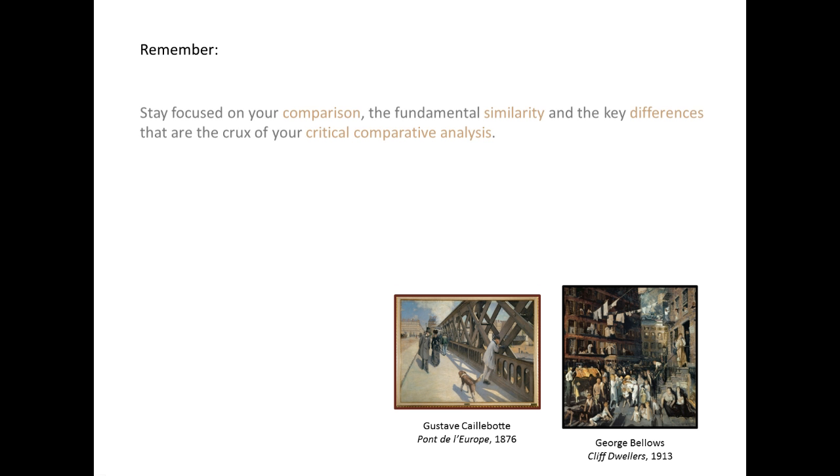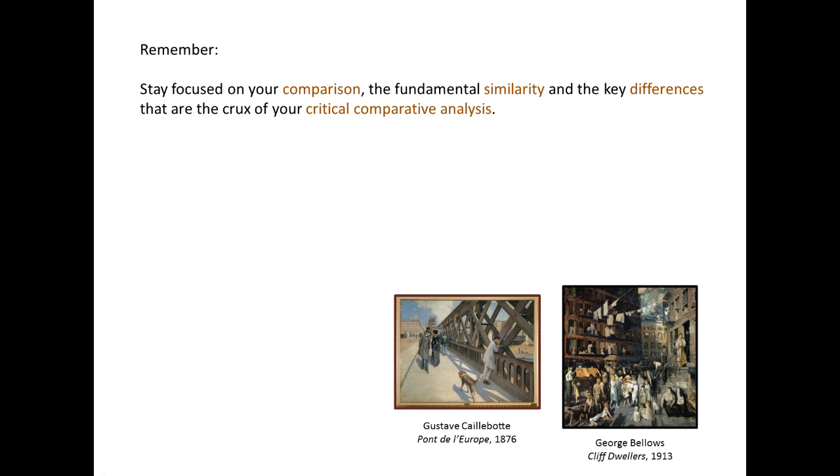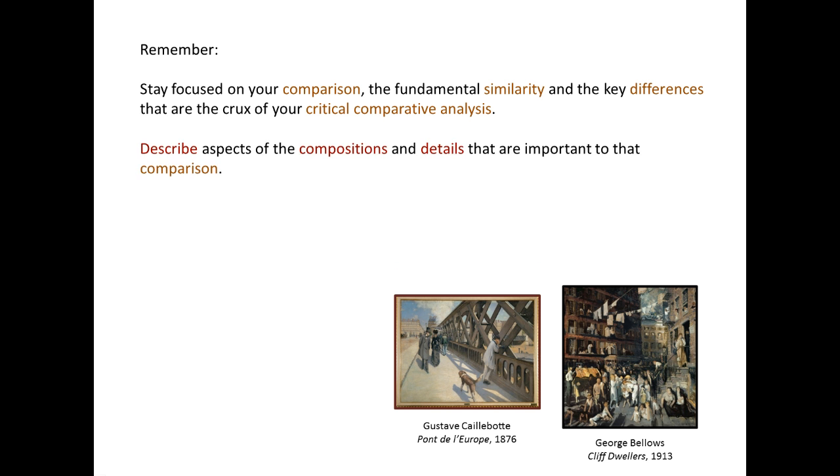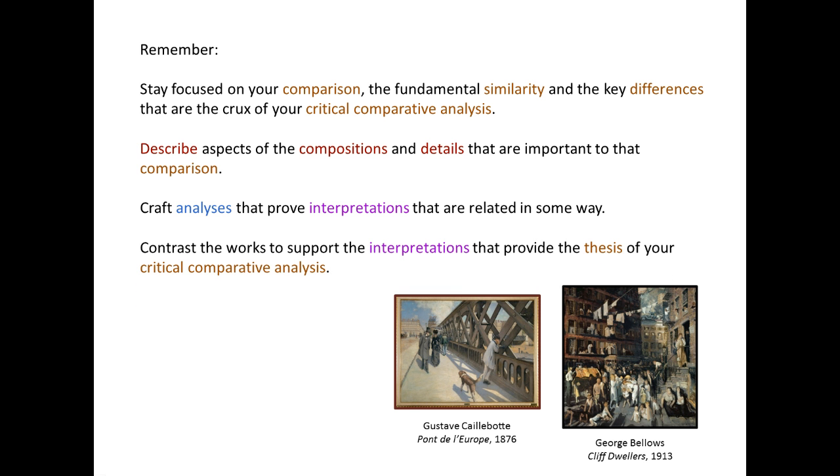Remember, stay focused on your comparison, the fundamental similarity, and the key differences that are the crux of your critical comparative analysis. Describe aspects of the compositions and details that are important to that comparison. Craft analyses that prove interpretations that are related in some way. Contrast the works to support the interpretations that provide the thesis of your critical comparative analysis.